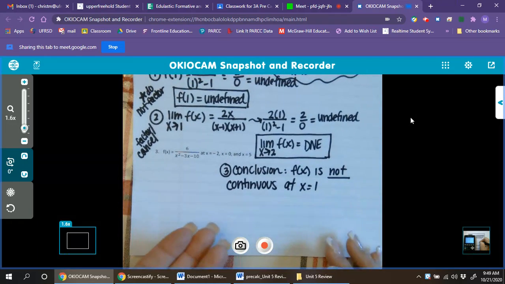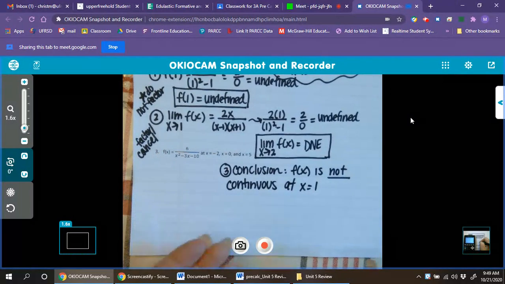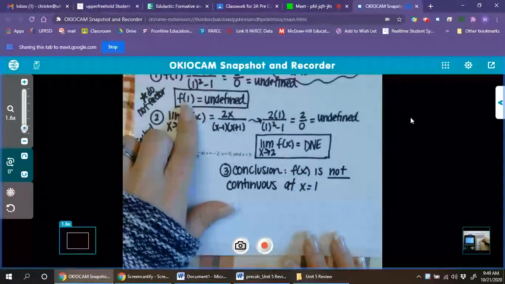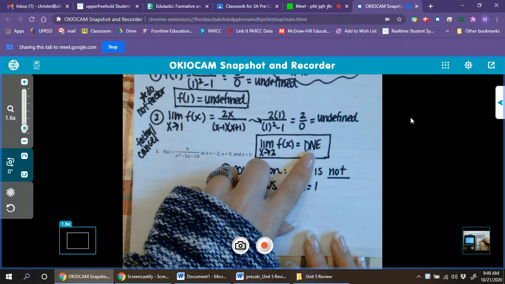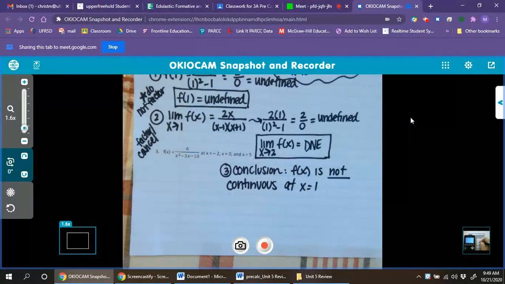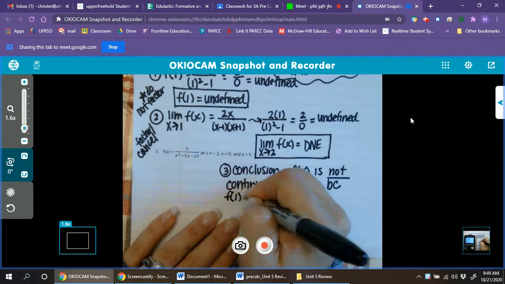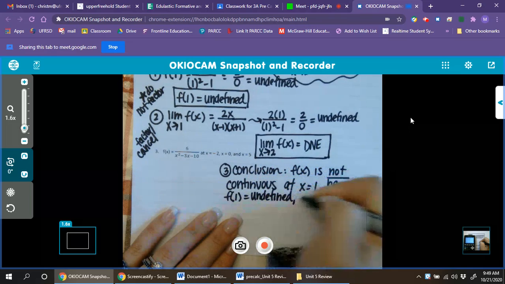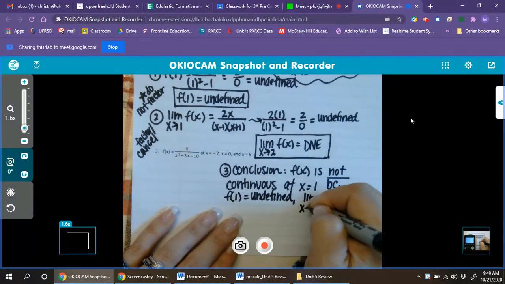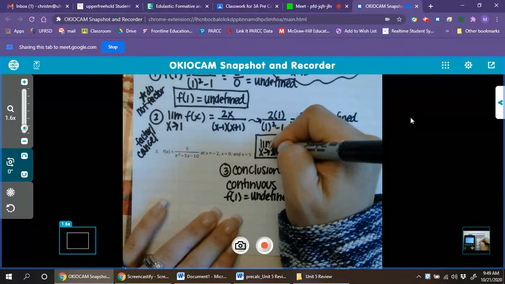And I have to give a reason as to why it's not continuous. What did I just show that proved it wasn't continuous? Well, I just showed that f of 1 was undefined and the limit did not exist. So how could they equal each other?